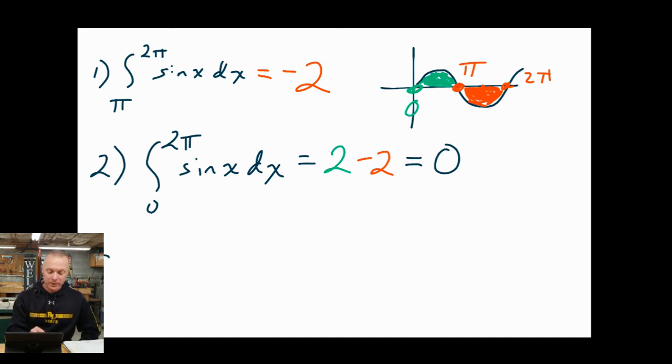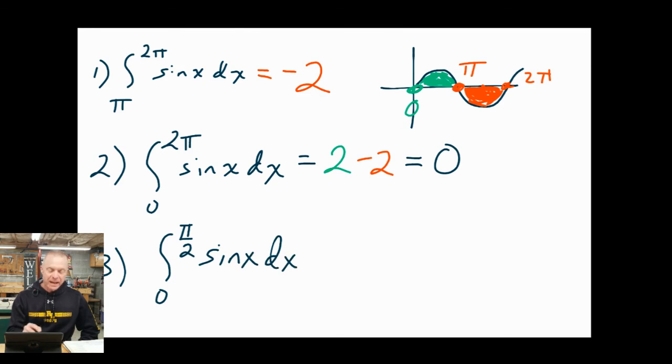I'm going to do one more with you. It's going to be number 3. And this time it's the integral from 0 to pi over 2. Again, if you have this on your calculator, you can continue to look at it. Some people do like to draw sketches, especially when it comes time to do this for a grade. You do have to have knowledge of where pi over 2 is.